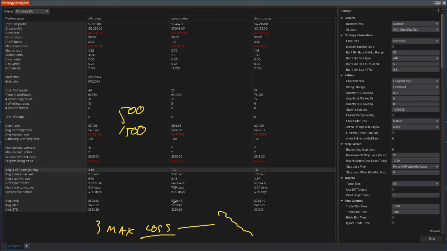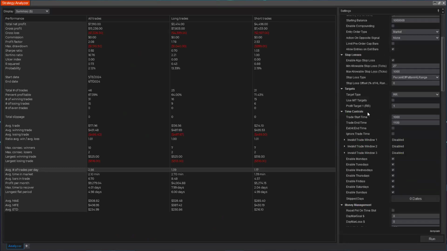And then max winners. My thinking on this is I don't want to limit my wins. I would want to limit how much I give back if I'm in winning territory. So for that, we can use high watermark, right? I would say if I'm up 3 trades, then I don't want to give it all back. You know what I mean? So let's look at it that way.